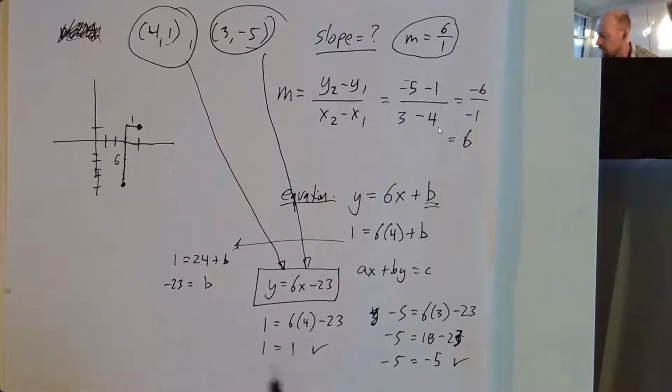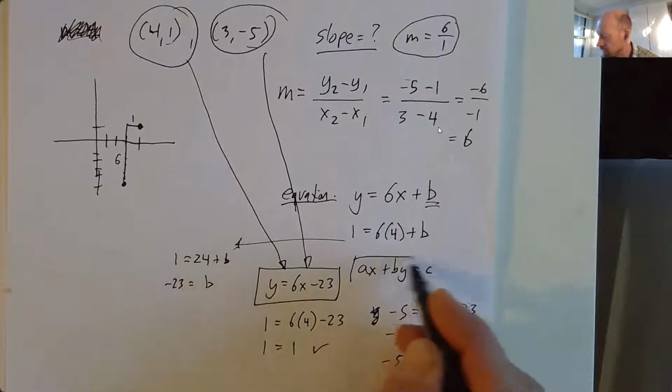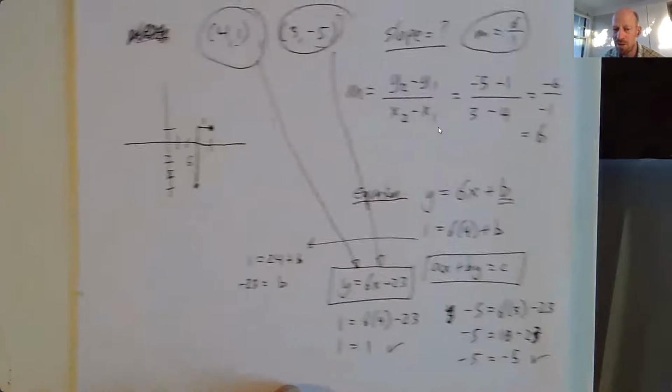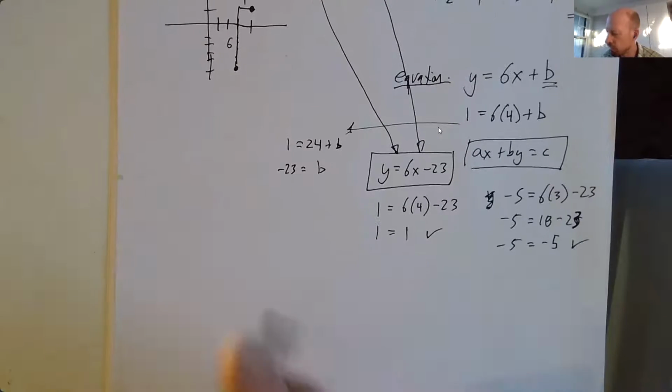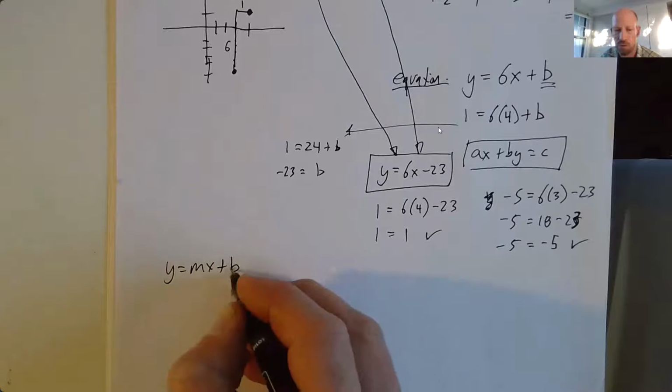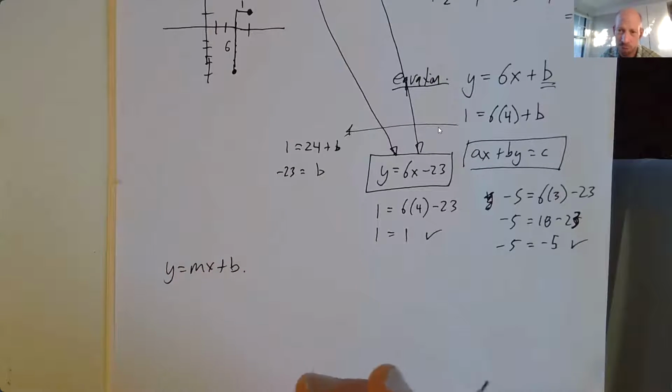Now, the last part of your question, I think they sometimes ask you to put the equation in this form. So we typically like this y equals mx plus b. That's called the slope-intercept form. And I would always be happy if you put a line in the slope-intercept form.